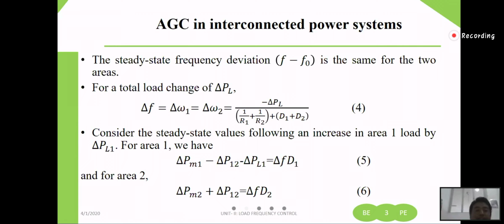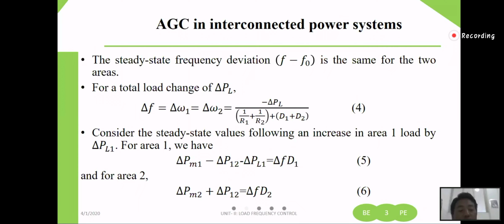If there is any load change, say the total load change in the system is del PL, then the frequency change can be represented by equation 4. So how did we get equation 4? Let's derive it: del f equals del omega 1 equals del omega 2 equals minus del PL divided by (1 by R1 plus 1 by R2 plus D1 plus D2).